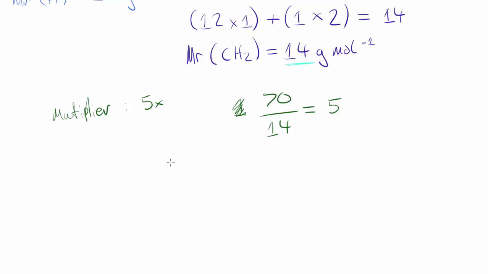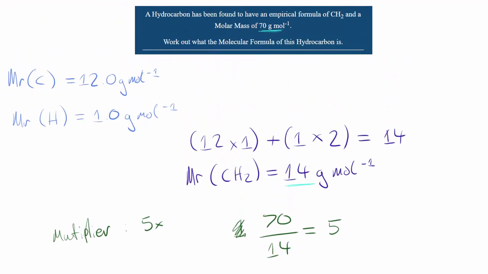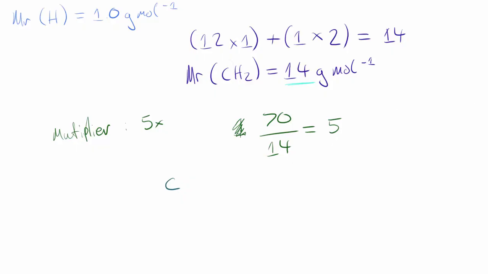So in this case, for carbon, the coefficient was 1, so it occurred once, and we do 1 multiplied by 5, which gives us 5. So we know we're going to have C5 in the molecular formula.